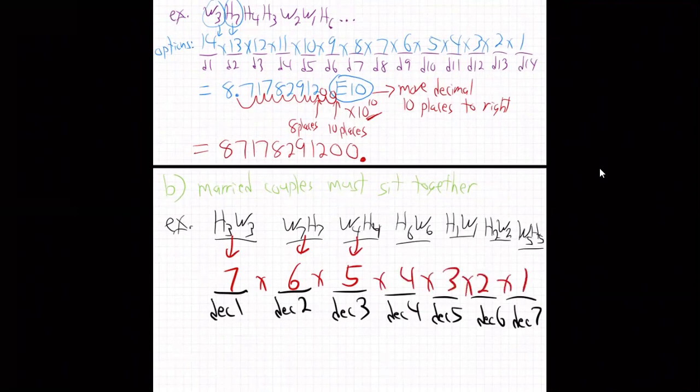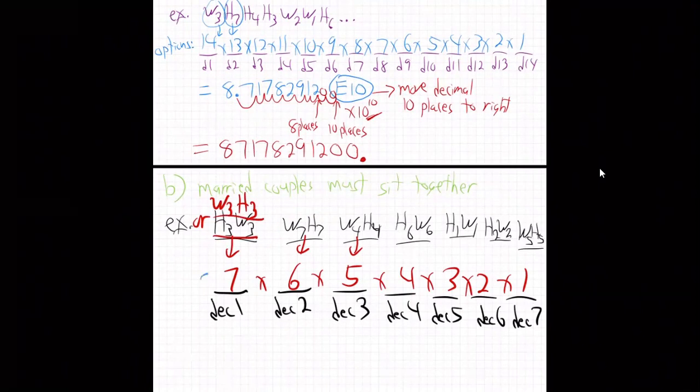But here's the curveball, the wrinkle, the extra trick. That's not all. Once I chose this couple to sit in these 2 seats, I had to choose whether the husband would be in the first one and then the wife, or wife then husband. There were 2 options. You tracking with me? I could have done wife 3, husband 3, or husband 3, wife 3, either way. So there were actually 2 ways to arrange them.